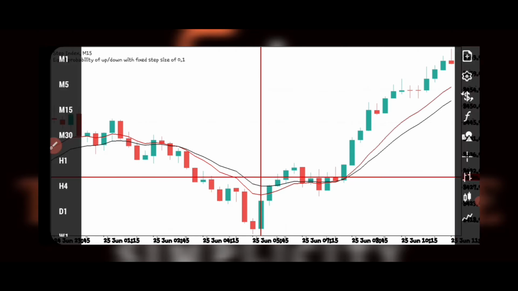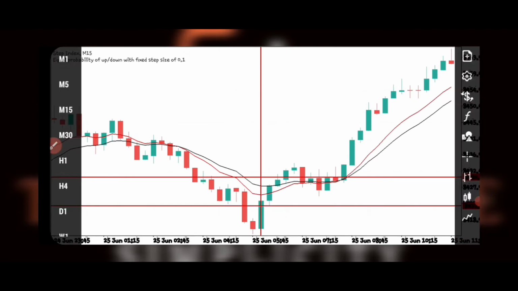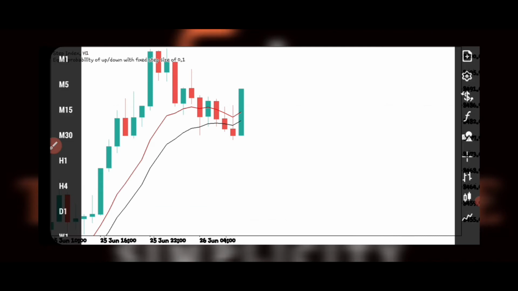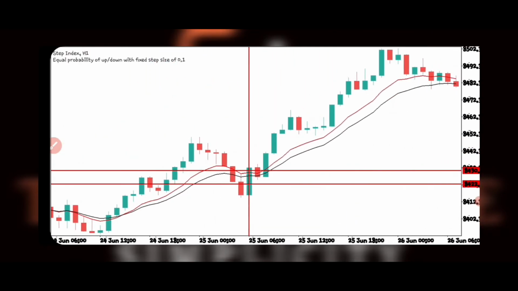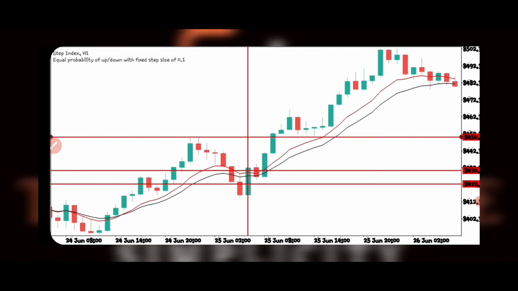I have my stop loss right here, and my first target, this is how I place my target. I'll go back to the H1 or H4, and I target these areas, this high here. That will be my first target. Probably this is a 1 to 2 risk to reward.